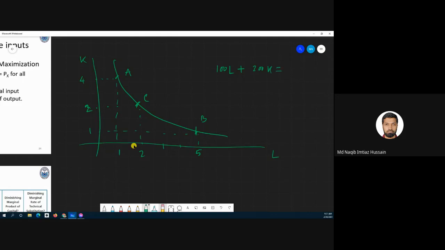Okay, মনে করো you have a budget of, let's say, 600 taka. ঠিক আছে, let's say you have this budget. তার মানে if you plug in the values 2 and 2, you get 200 plus 400, that gives you 600, right?